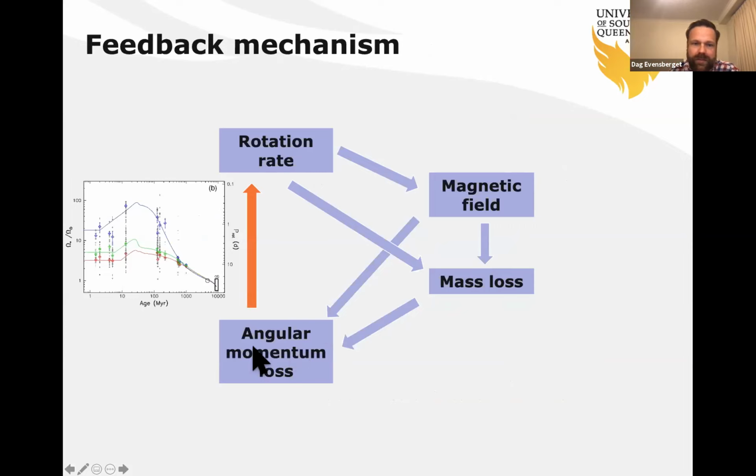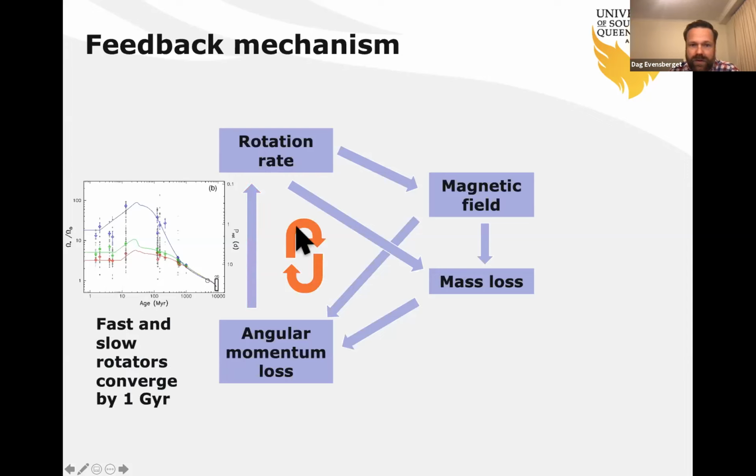Of course, the angular momentum loss is the same as the spin down, right? So this slows the star down. And that's what I'm calling the feedback mechanism here, this round and round causal relationship. And as I said, the fast and the slow rotators forming with different amounts of angular velocity sort of converge by the age of about 1 billion years.